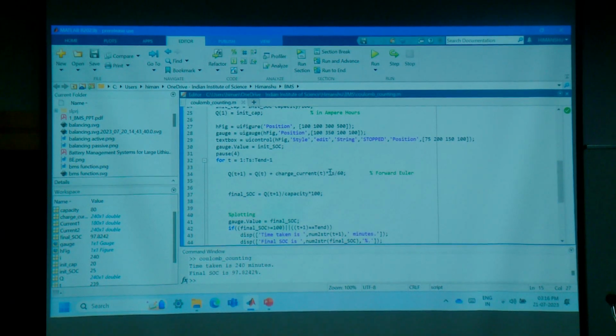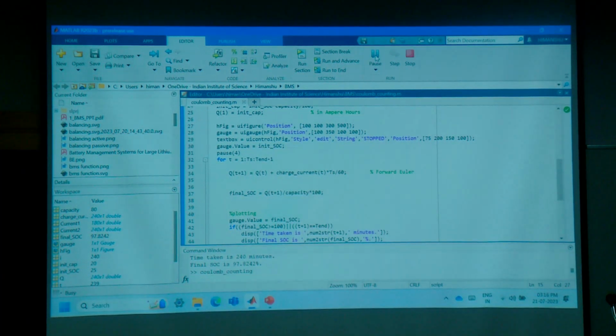Then I am multiplying it by the sampling time, which in my case is 1 minute, and to convert it to ampere hour I am dividing by 60. Then I am calculating the final state of charge by dividing that charge by the capacity.